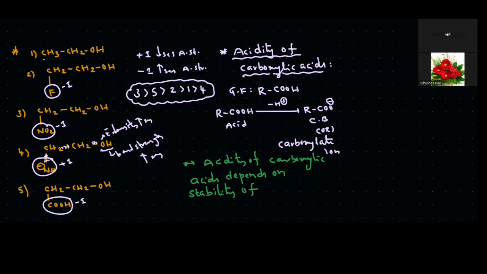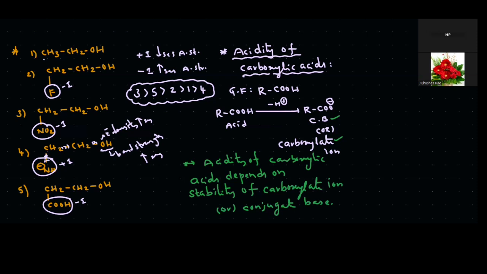The carboxylate ion, or conjugate base. So this is the condition. If you know this condition, we can easily identify this.